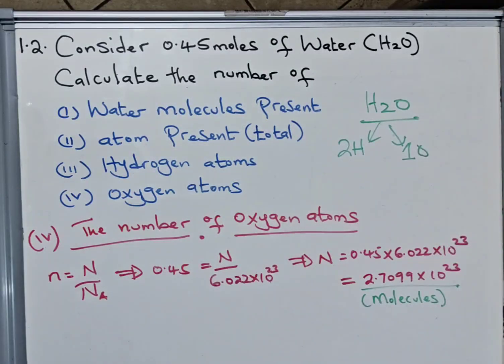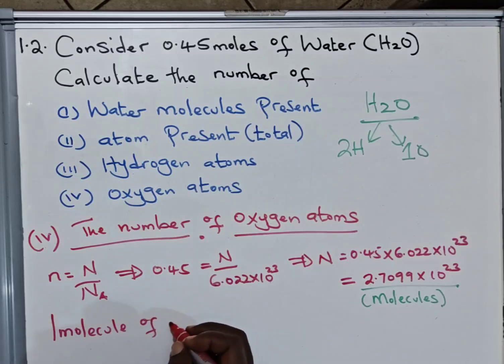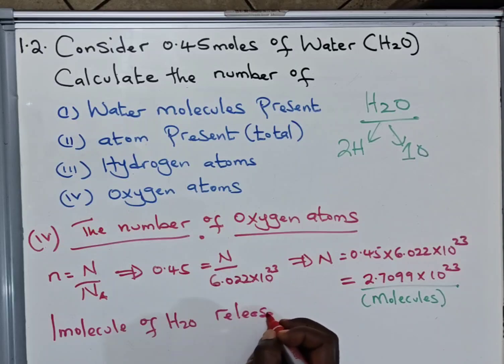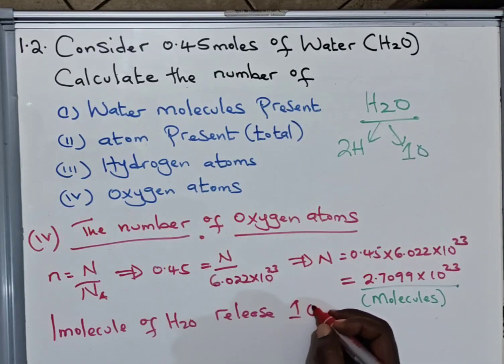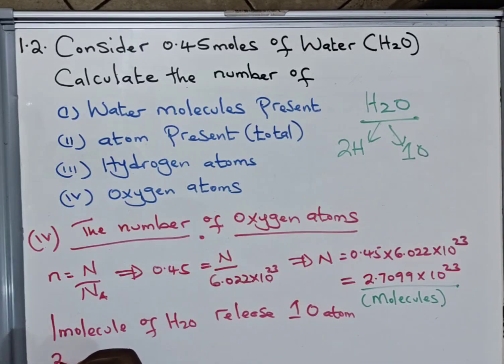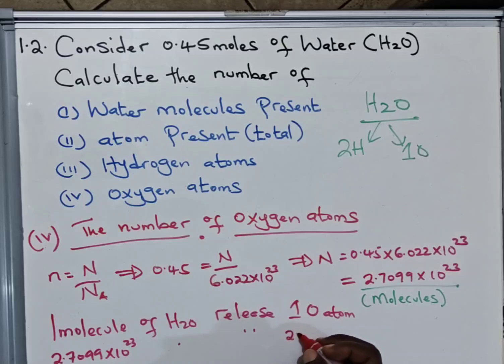So we say that 1 molecule of water releases 1 oxygen atom, which means that 2.7099 times 10 power 23 water molecules will release the same.